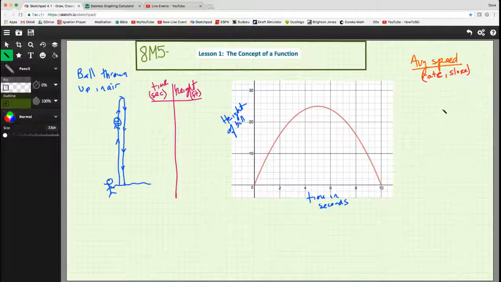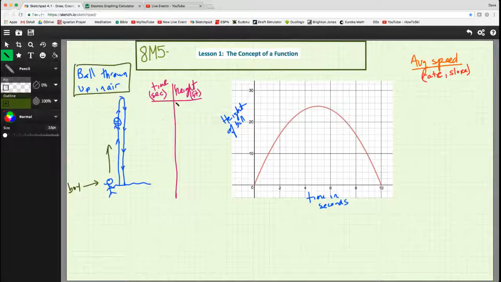Okay, now this boy is throwing a ball. So here's my boy. And he throws the ball straight up in the air, or almost straight up in the air. Ball thrown up in the air. And what we're going to do is figure out where the ball is at each second that he threw it, okay?